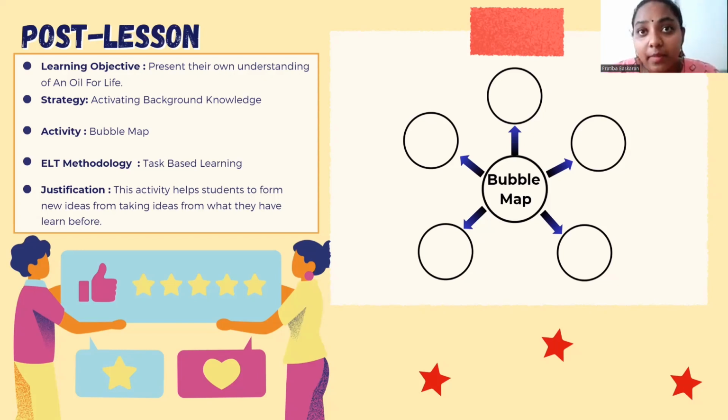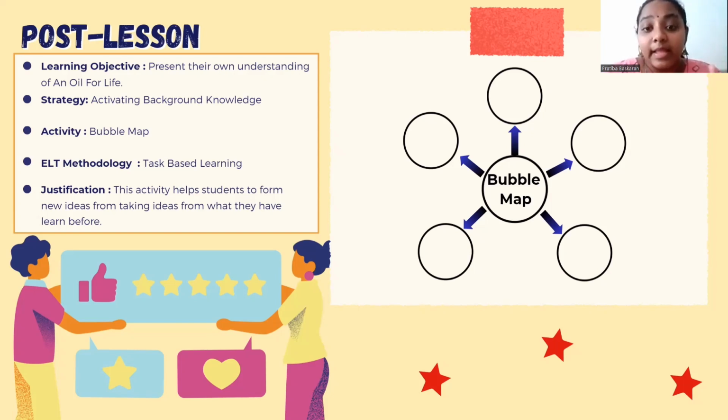So for the bubble map, later we will ask them to be in groups. Once we have separated them into groups, each group will be provided with a title. For example, the first group will be given the advantages of oil, and the second group will receive the disadvantages of oil or the history of oil.